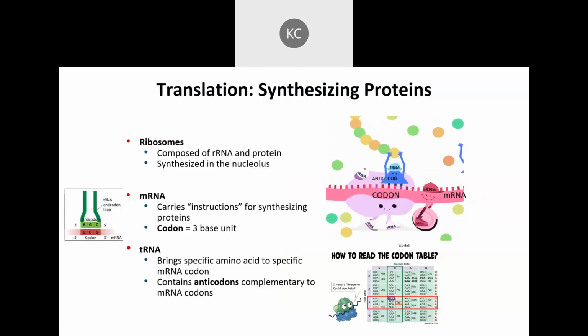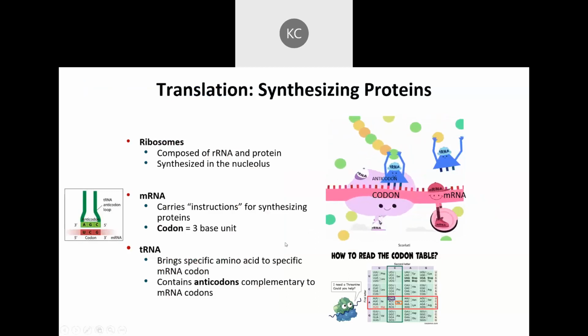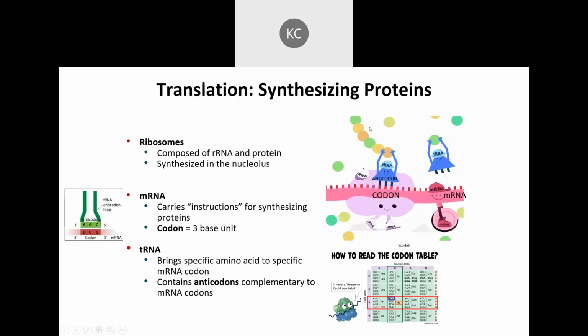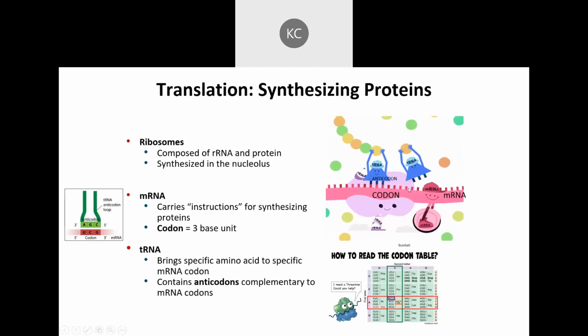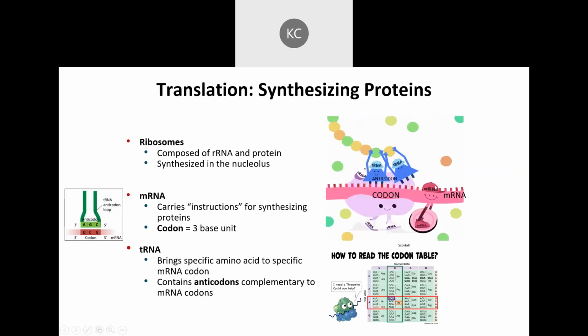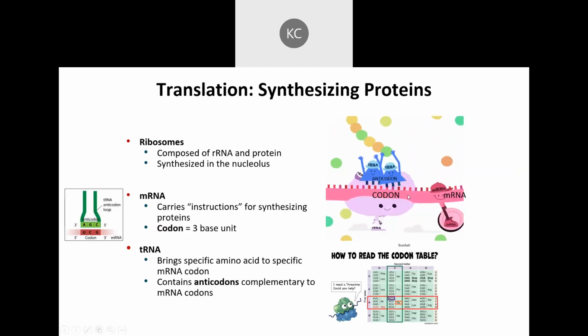So here's a better illustration of what's happening. The tRNA molecules are bringing in our amino acids. These circular structures up here are our amino acids. The tRNA molecules, if you notice, have those three bases, the anticodon, and they'll match up with a codon on the mRNA strand.